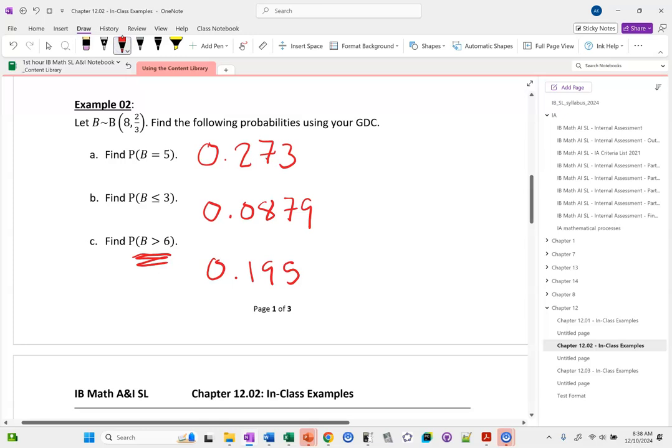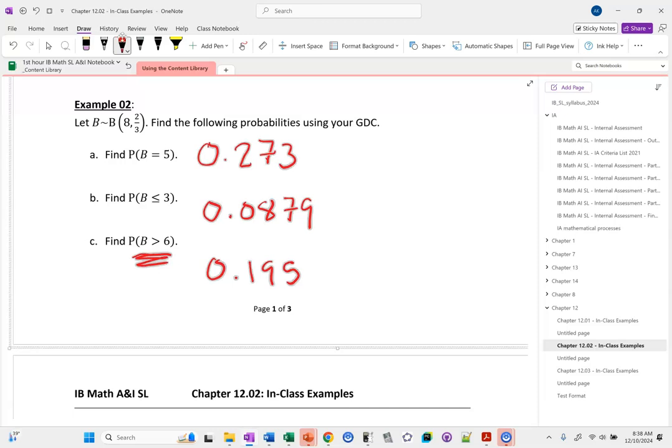All right, you guys able to get A? B. What am I typing in my calculator to get C? So I'm going to need to do that as a complement.